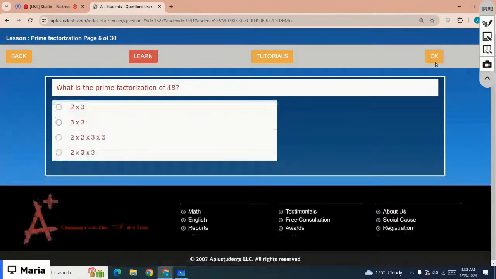What is the prime factorization of 18, which is the correct option? Very good. That is 2 times 3 times 3.